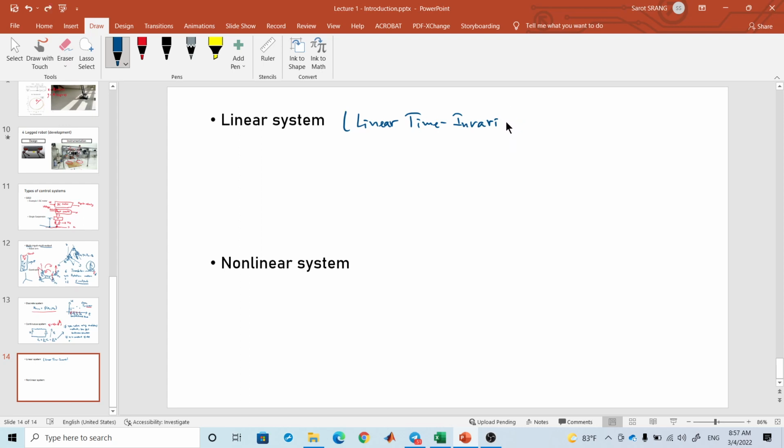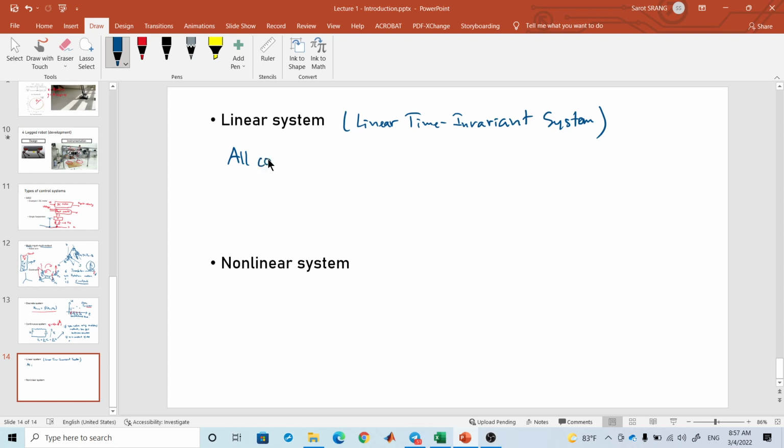So the property of a linear system is that you look at the differential equation. If all the coefficients of the differential terms are constant, then you say the system is linear.